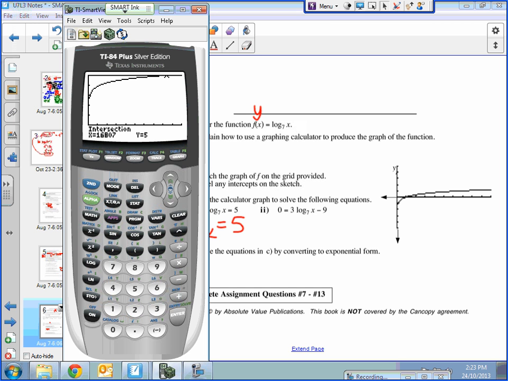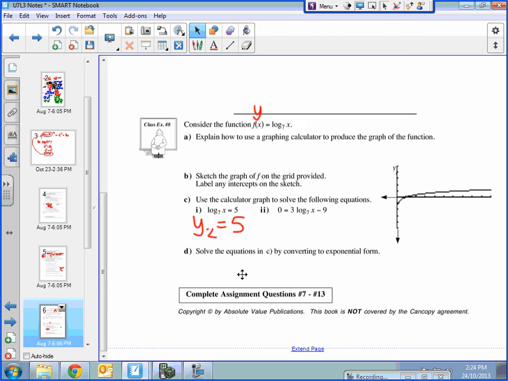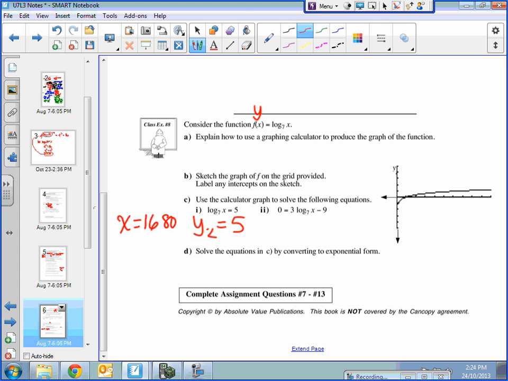If you don't get a value, you might have to change your windows. Does everyone get this? Good. So your x equals 16,807? Yep, 16,807.